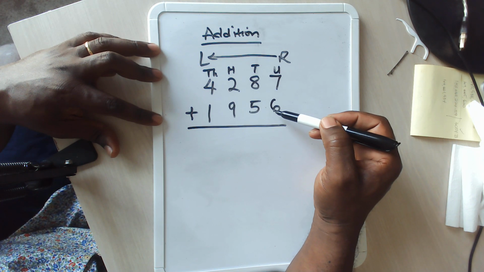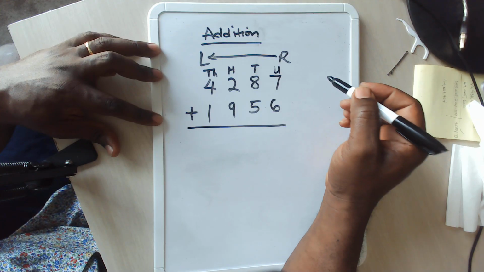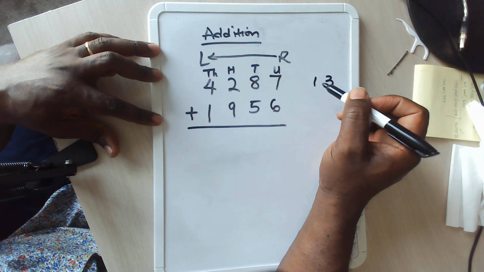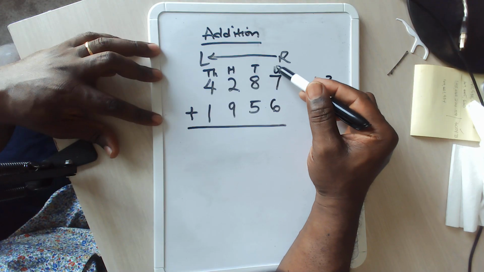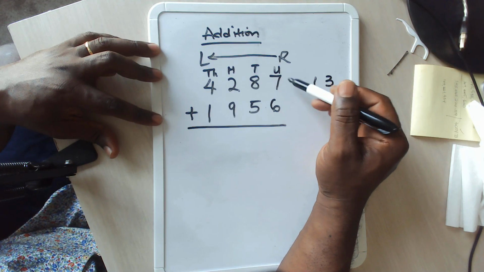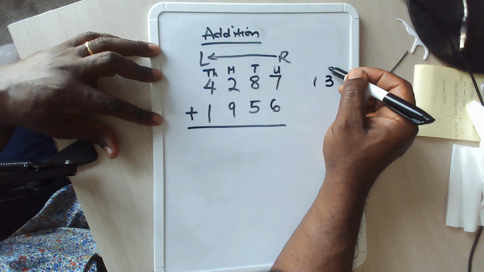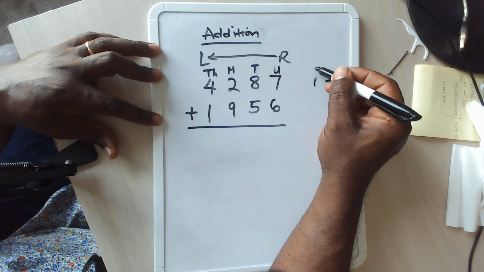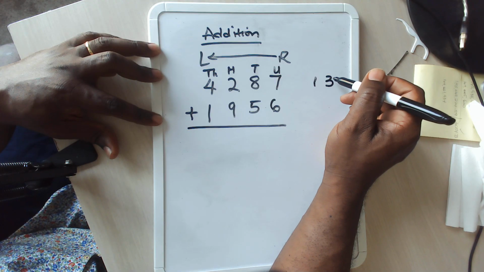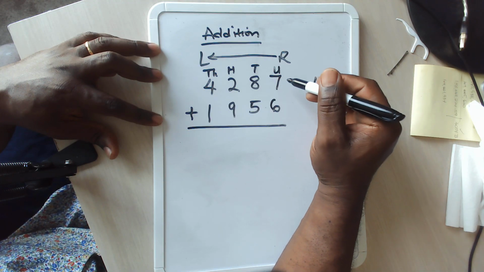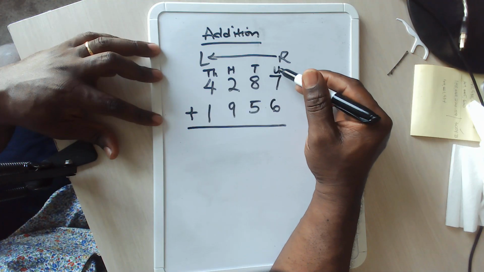So if we start adding the number from the right, like I said before, if you add 7 plus 6, that will give you 13. Now, don't forget that we are adding the column of units of ones here. So if you also put the heading here, now from the right to the left, you start from the column that you are adding currently. So currently we are adding the unit of ones.